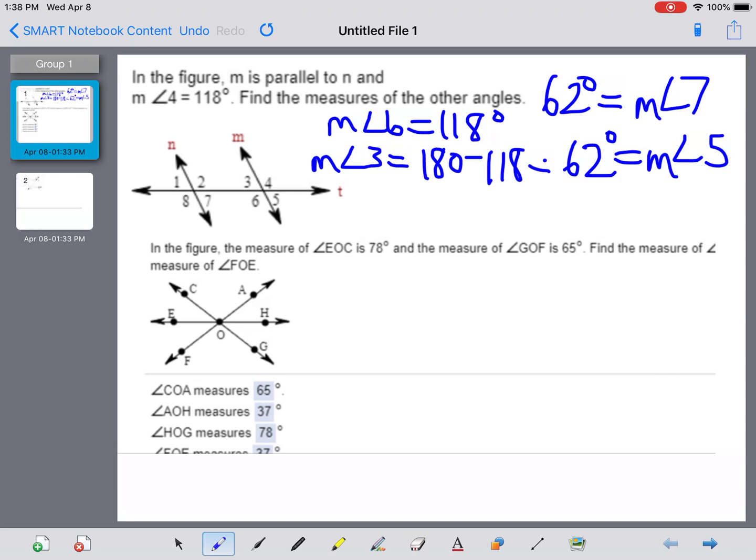Well, we can get the measure of angle 1 pretty easily because the measure of angle 1 and angle 7 are vertical angles. So the measure of angle 1 is also 62 degrees. And let's see what's left.